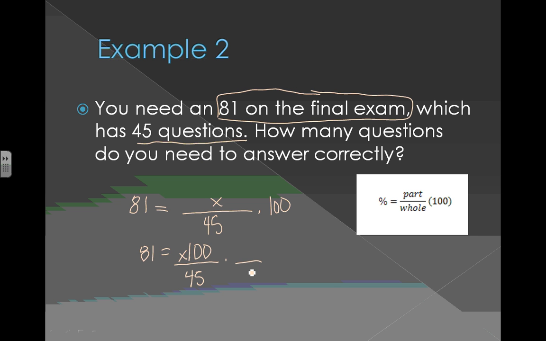Multiply both sides by the reciprocal, because we always want to do the opposite of what's being done to X. You're going to get 45 over here and 100. And X is going to equal approximately 37 questions. So you need to get 37 questions on that exam in order to get an 81. That would give you your 81%.